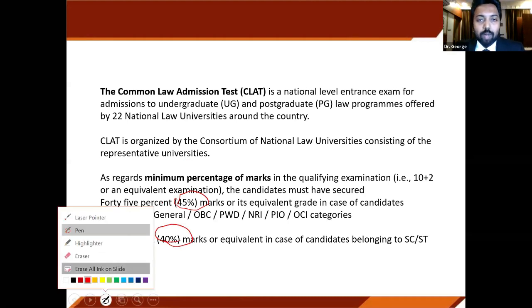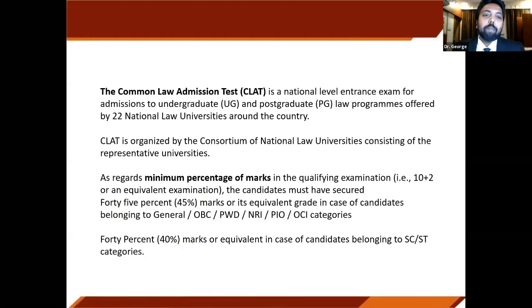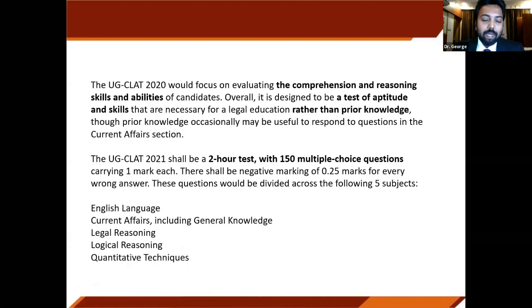Until 2019, there was a certain set pattern that was going on with CLAT. For example, your quantitative techniques section was called elementary mathematics, and there was a lot of math in it, for class 10 level, with direct problems and objective solving, which a lot of students found difficult. This year, it's moved on to something called quantitative techniques.